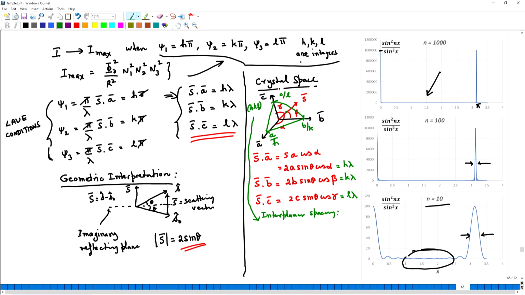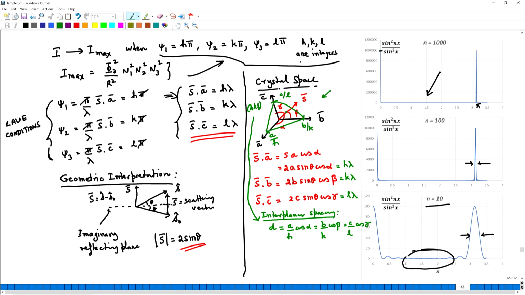So, if there is some confusion, one can go back to that video to look at the explanation. So, the interplanar spacing D can be written from this diagram as A by H cos alpha, or B by K cos beta, or C by L cos gamma.